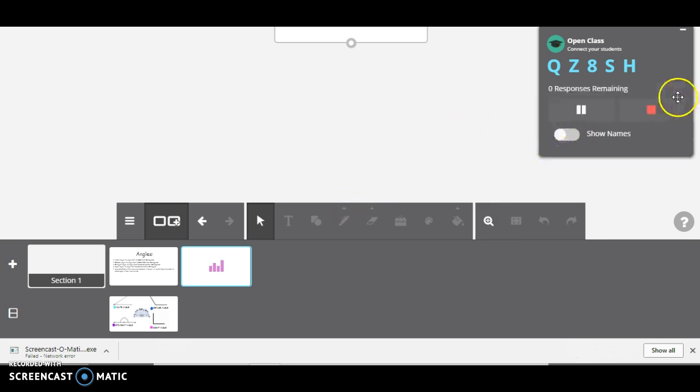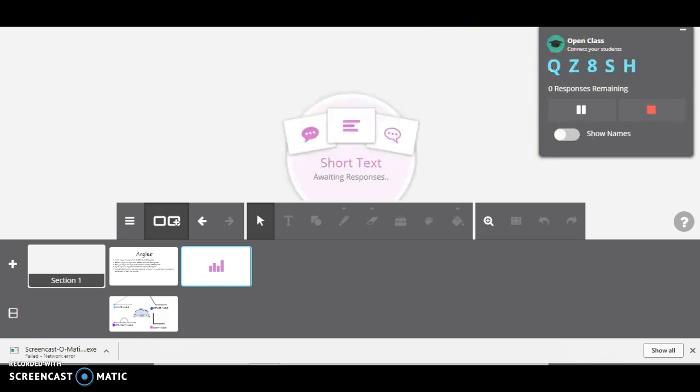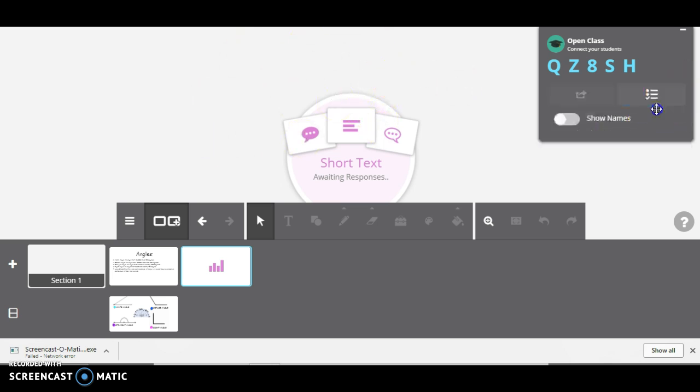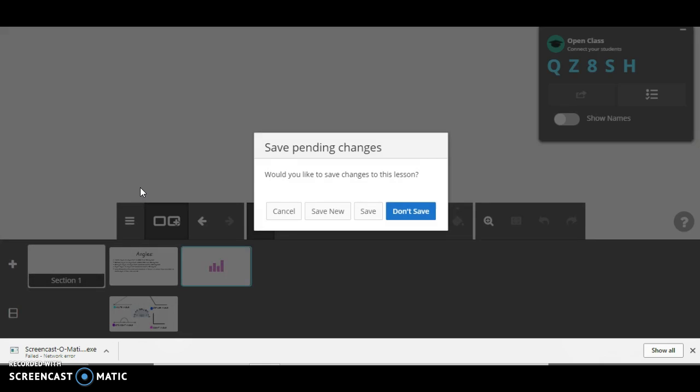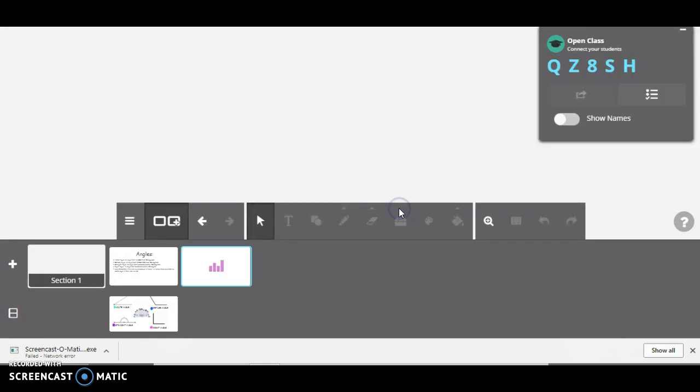I generate that, and then it will allow their responses. Each student's answer will pop up and we'll talk about real life examples of where angles can be found, so that they know that angles are very real in real life.